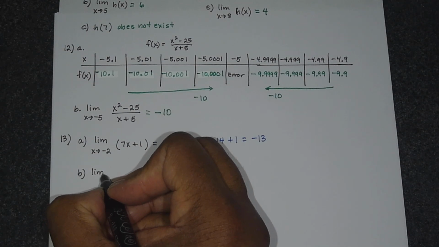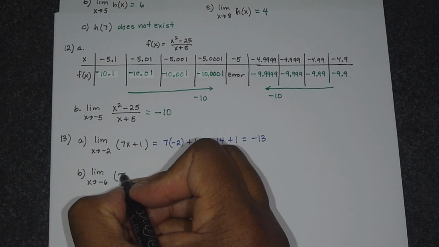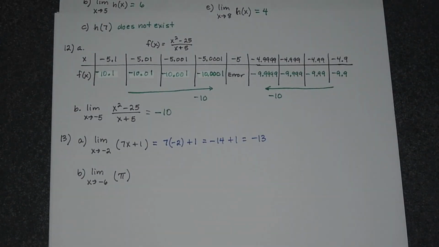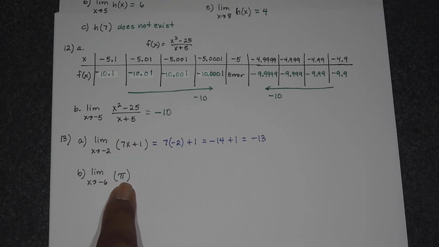Now, part B, we got the limit as x approaches negative 6 of pi. What would that be? Pi is a special constant. What's the limit of the constant?